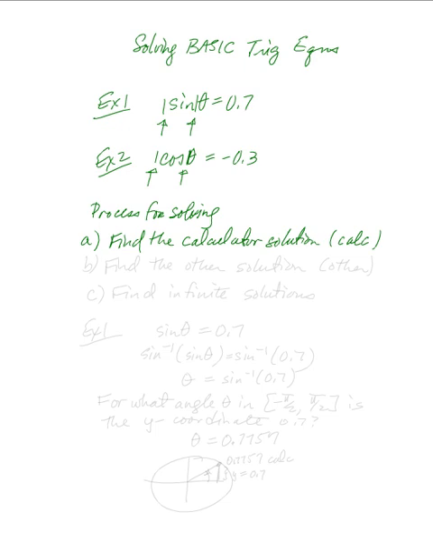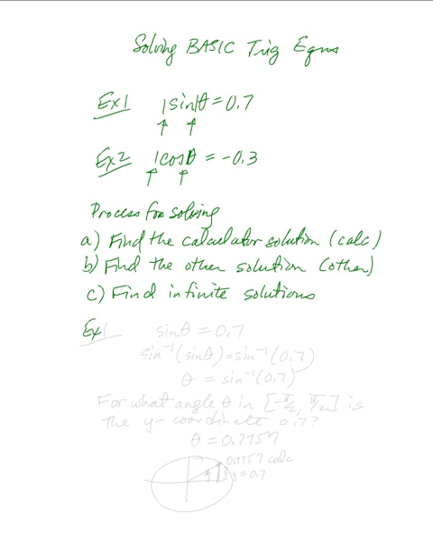The second step would be to find the other solution, and I'll use OTHER next to it when I label it. And finally, find infinite solutions. Okay, so these are the 3 steps that I'll be using, and I'll go ahead and apply them to the 2 examples we have above.